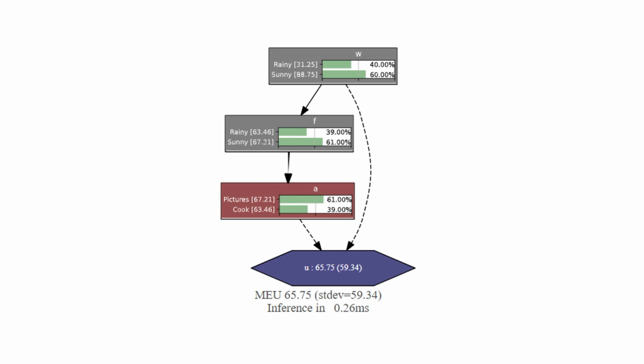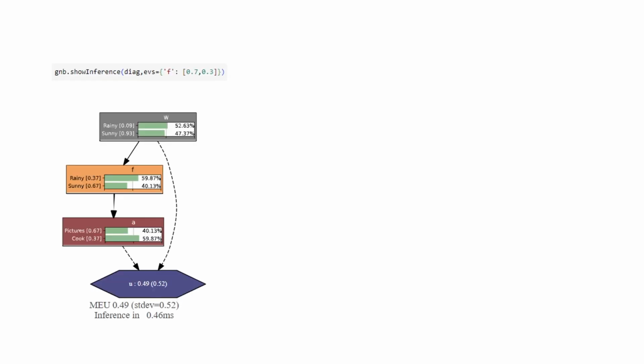Now let's add evidence to this model. So this is what happens from the data that we collect as priors in our network. Let's assume that we get some feedback from the weather forecast in the specific moment where we have to take the decision, and let's see how the model reacts. So in here, we are setting an evidence for the forecast, stating that there is a 70% probability for the weather to be rainy and 30% for the weather to be sunny.